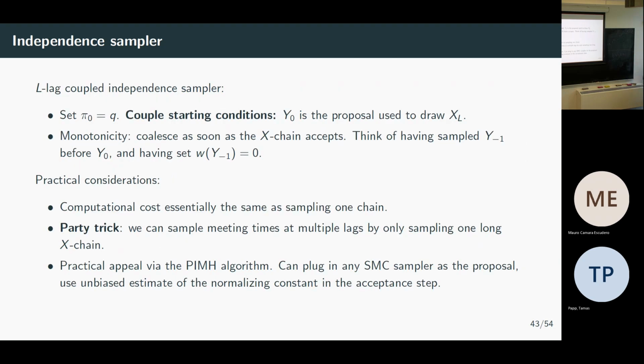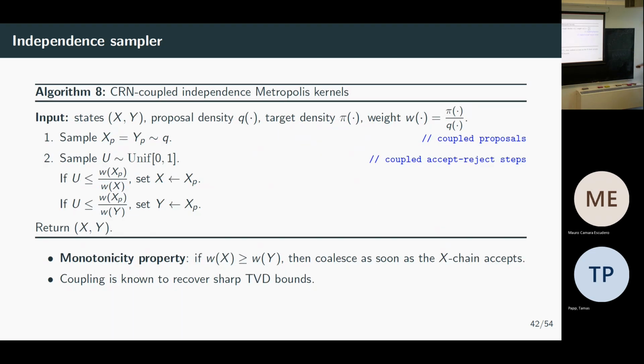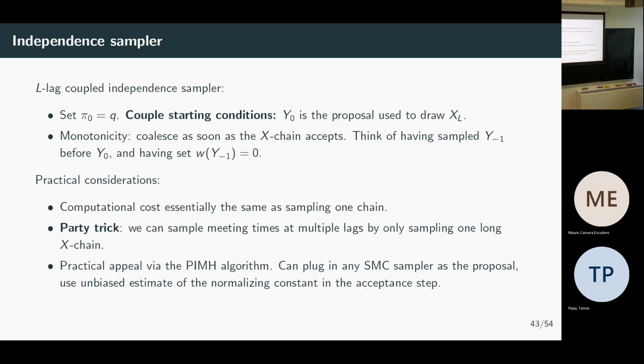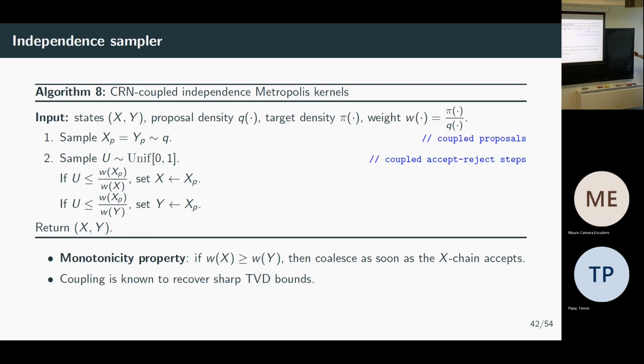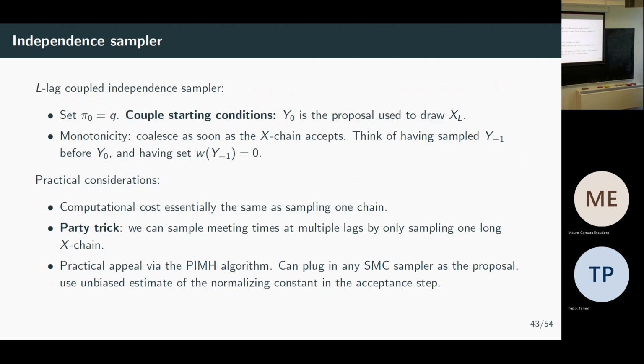Here's a nice party trick that people seem not to have realized: since you're essentially only sampling one chain and just keeping track of a bunch of proposal weights, you can sample meeting times at multiple lags by sampling one long chain. Basically, it's because you can do all of the acceptance decisions given this information.